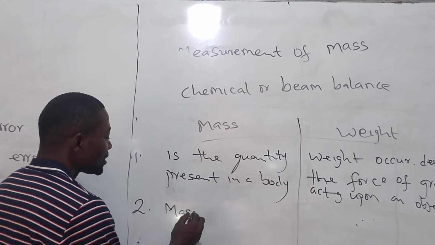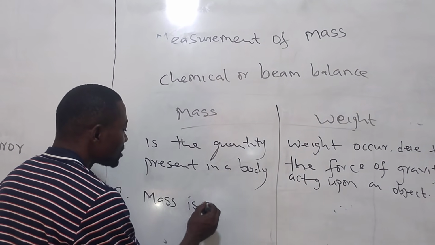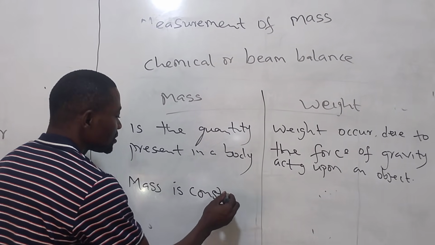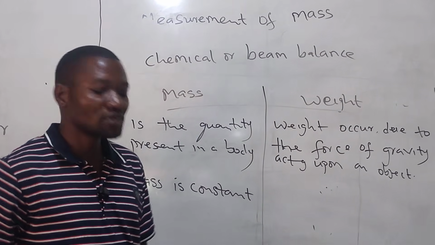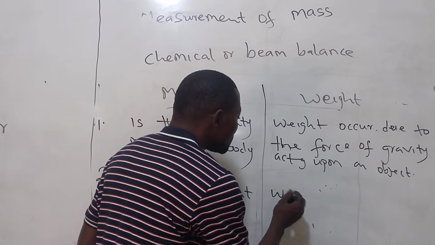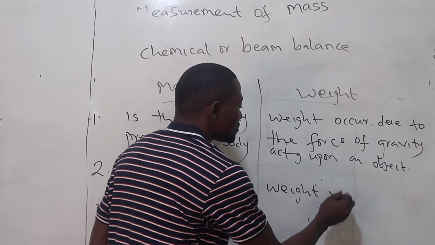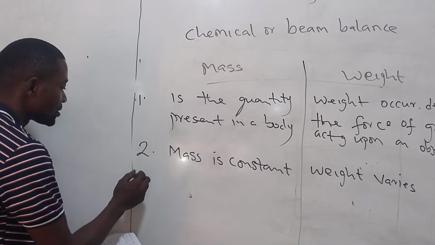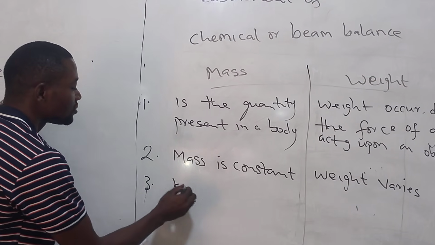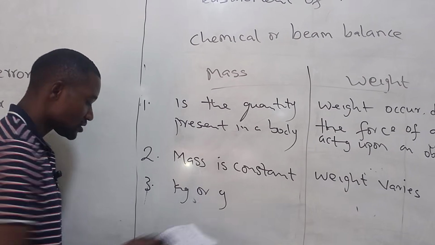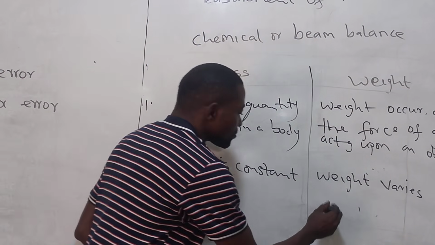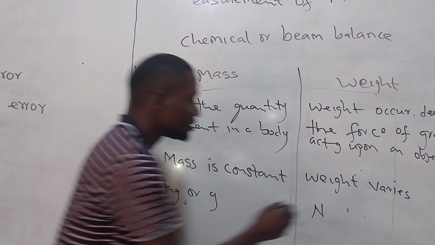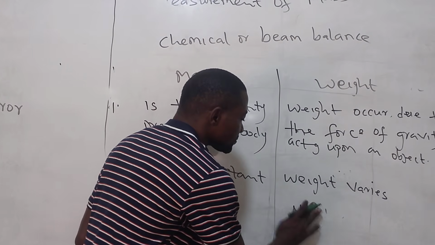You can measure mass, and when you take it to another place, it's still the same, while weight varies from one point to another. Then another difference, mass is measured in kilogram or in gram, while the unit for weight is Newton.